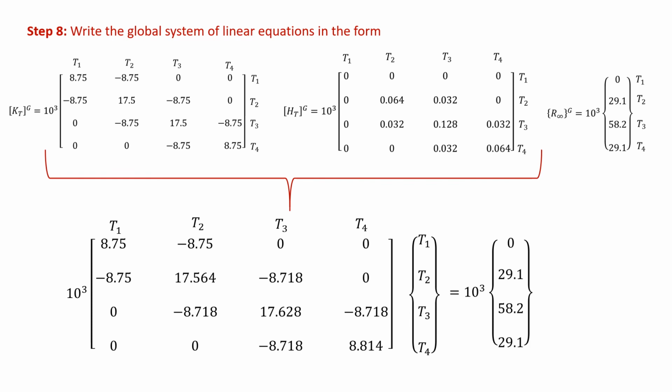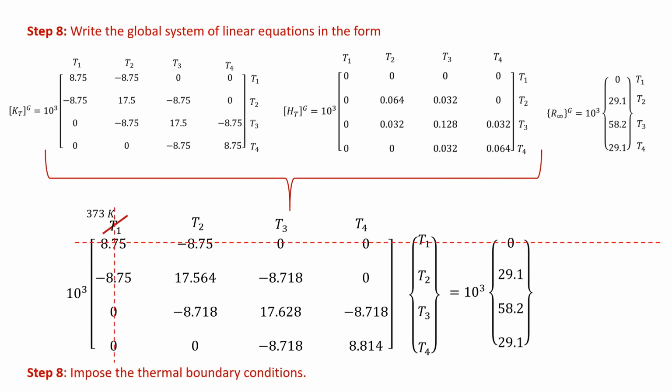After this, we have to impose the boundary condition, and only then can we solve for the unknown nodal temperatures. In this case, T1 is known, which is equal to 373 Kelvin. So we can eliminate row 1 and column 1, as shown.